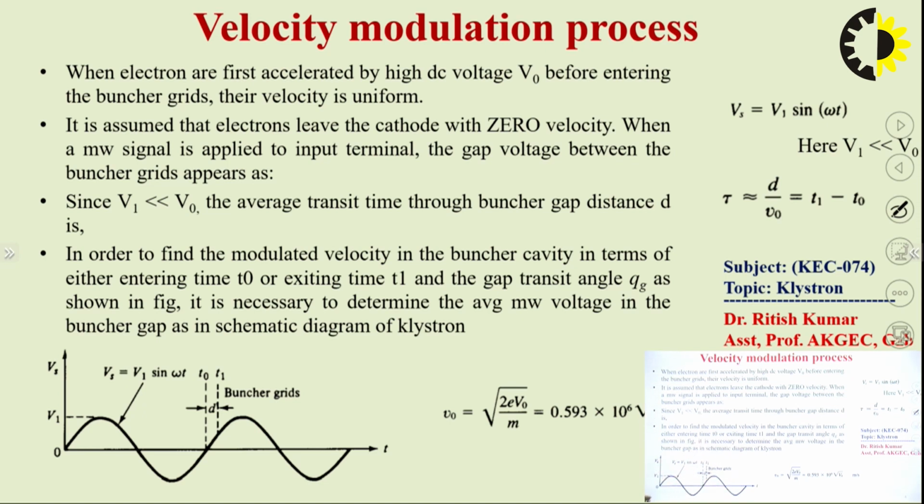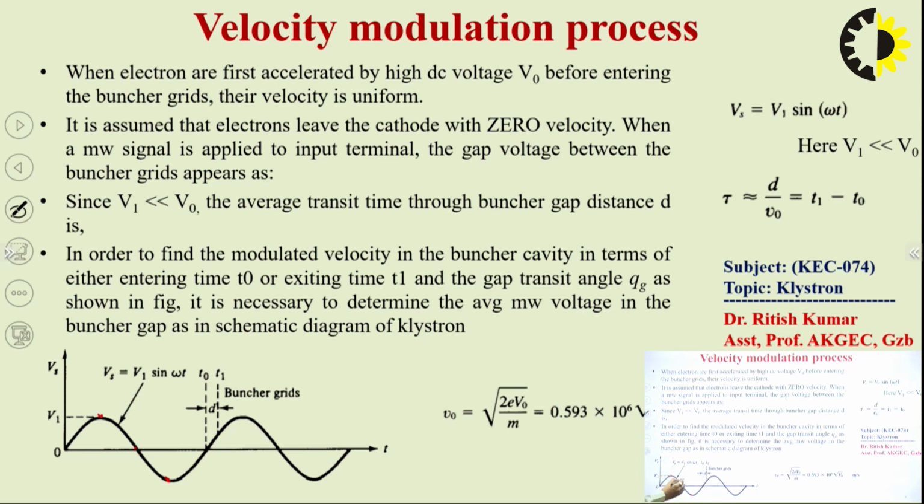This is the input RF signal. In the positive half cycle it is possible to increase the velocity of the electrons. This point is the zero crossing point, and this is the negative half cycle, with maximum amplitude.